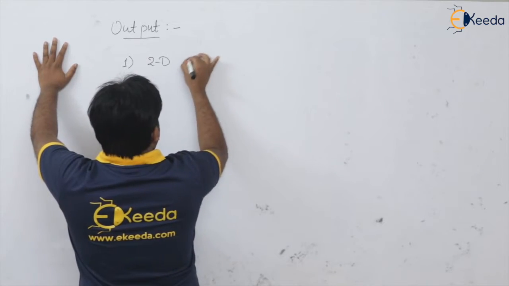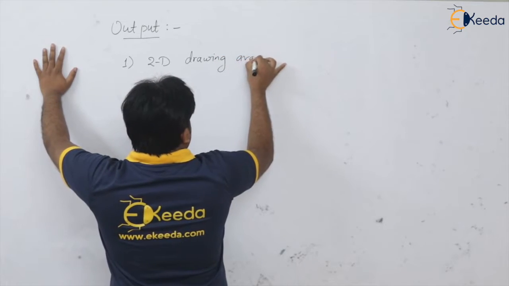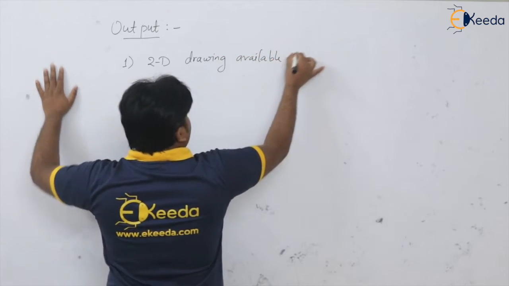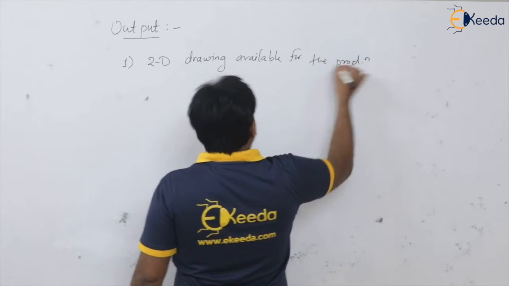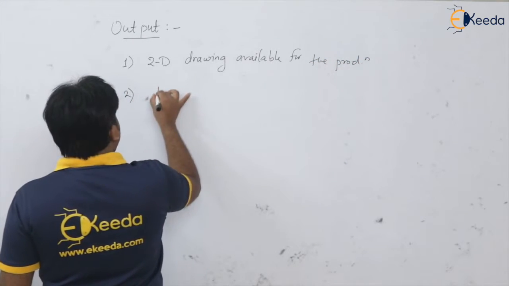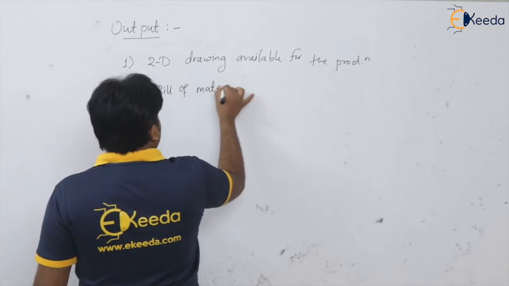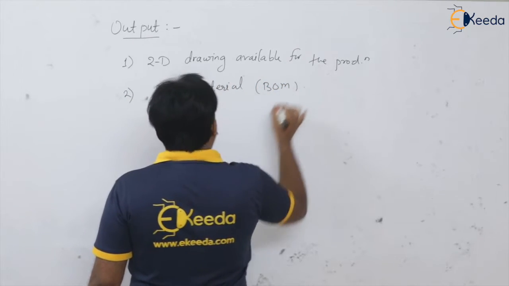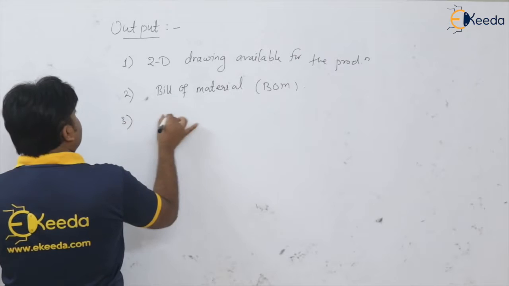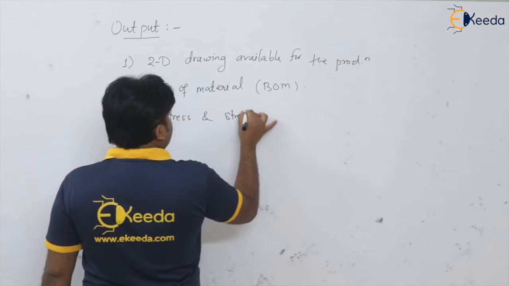Two-dimensional drawing available for the production, we can have the bill of material, that is BOM, and now we have got the values of the stress and strains.